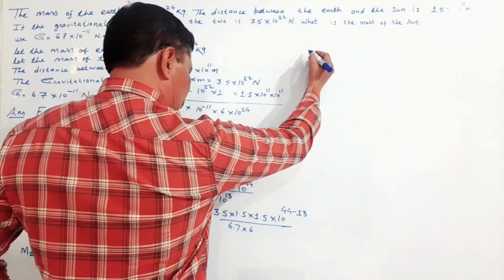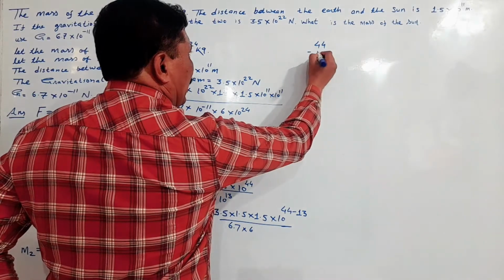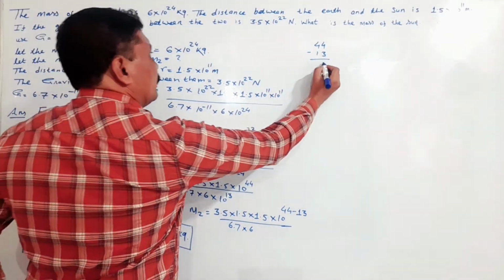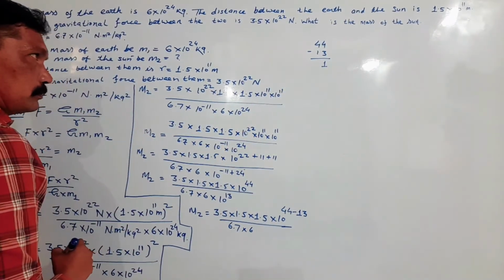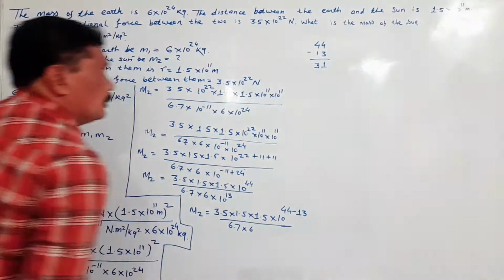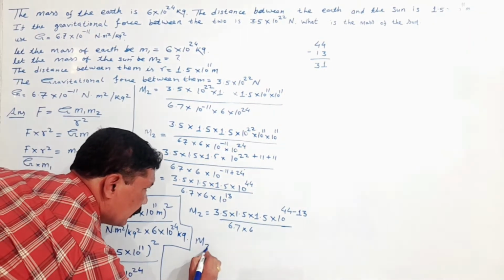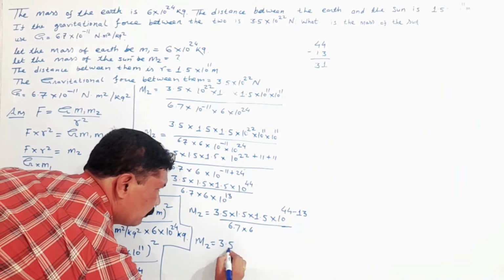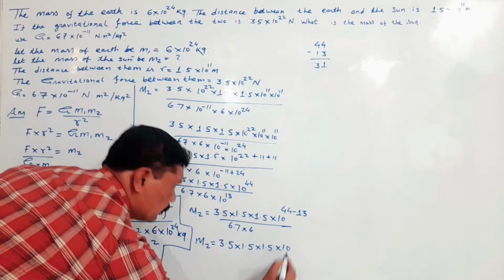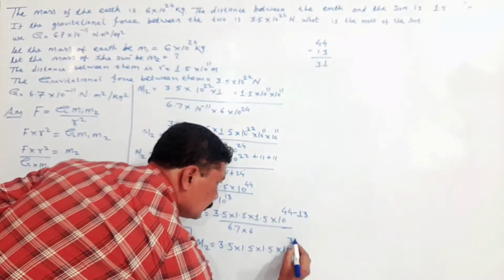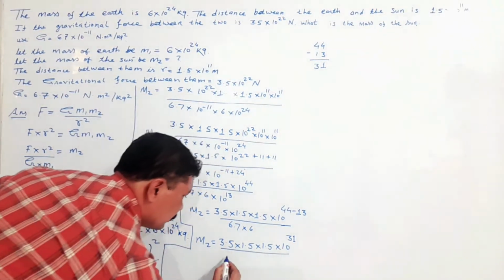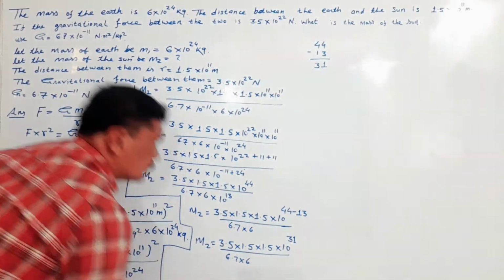So my dear student, 44 minus 13: 4 minus 3 we get 1, 4 minus 1 we get 3. So here we can write m2 is equal to 3.5 into 1.5 into 1.5 into 10 to the power 31, in denominator 6.7 into 6.